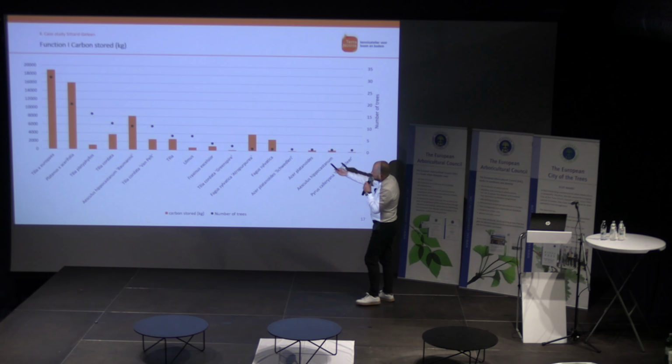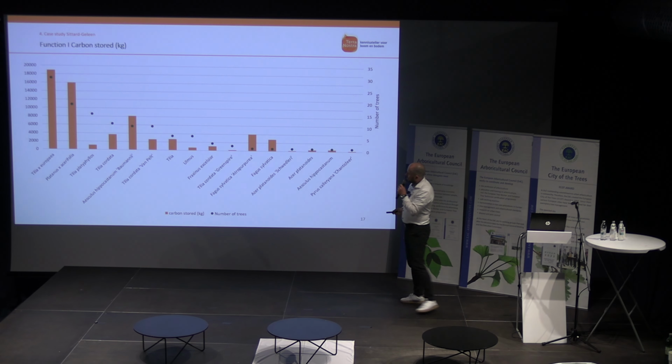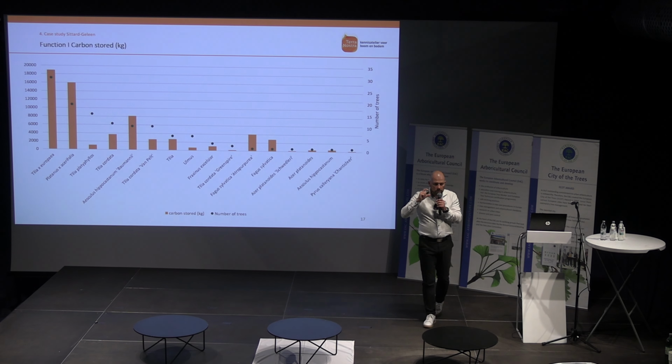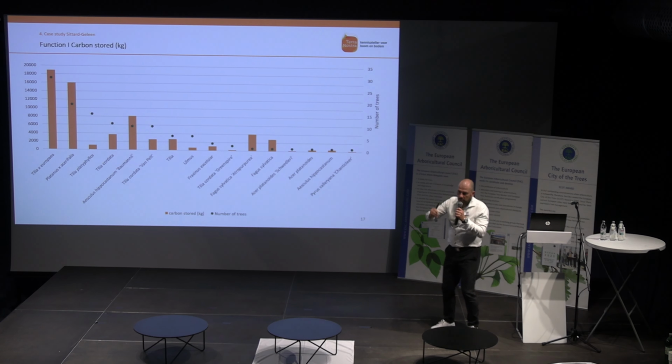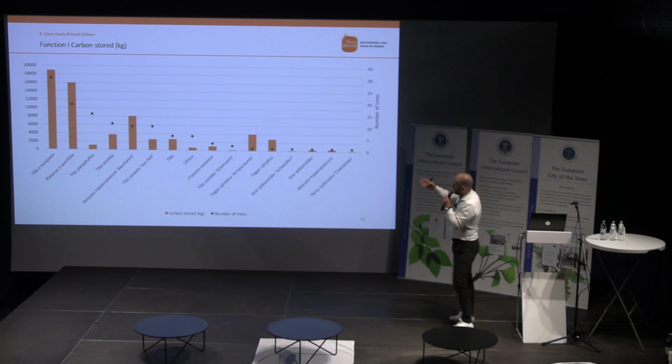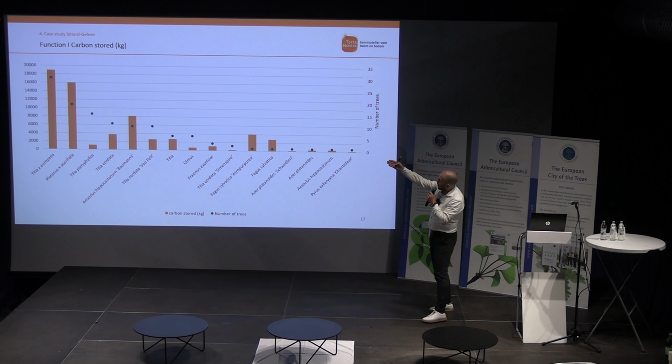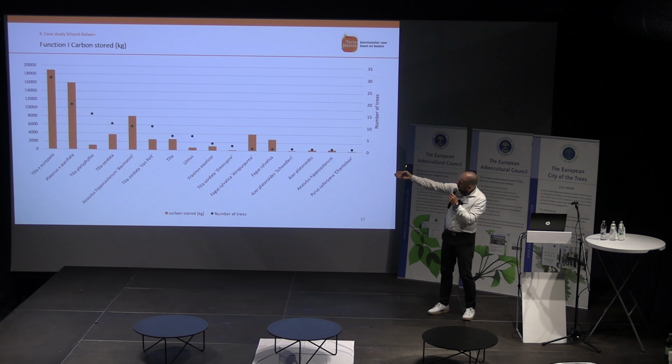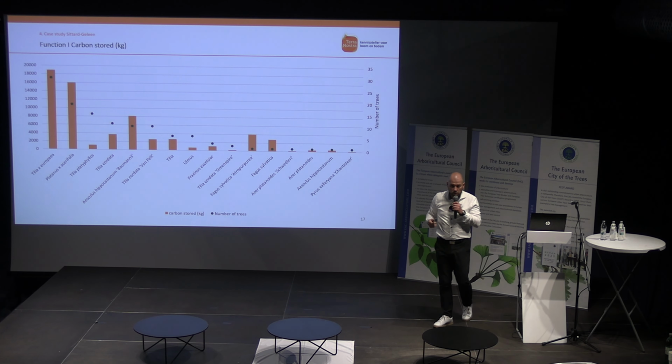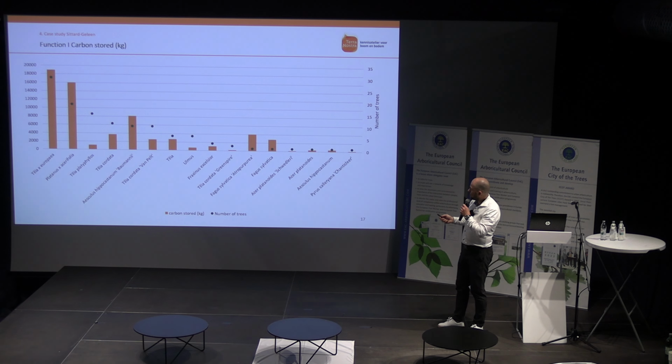For example, when we look at the Tilia platyphyllos, there's not that much carbon stored, but the number of trees is high. And for example, the first one, Tilia europaea, or even the Platanus acerifolia, there are probably not that many plane trees, but there's a lot of carbon stored in these trees.